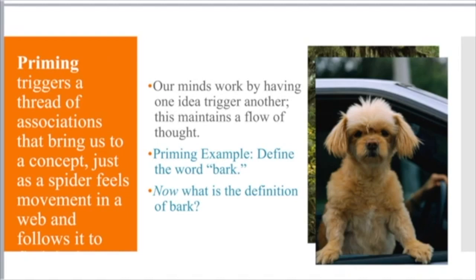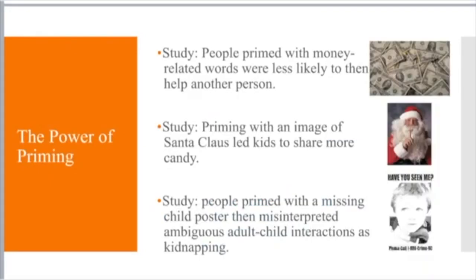Because I primed you with the image of the tree first and then the image of the dog, that triggered something in your brain that was like, oh, tree bark, bark outside of a tree. It didn't make you think, oh, tree bark is the sound a dog makes, right? That doesn't make sense.